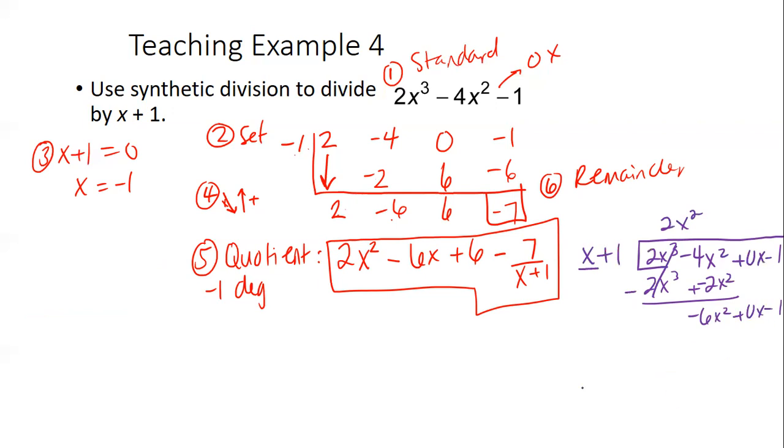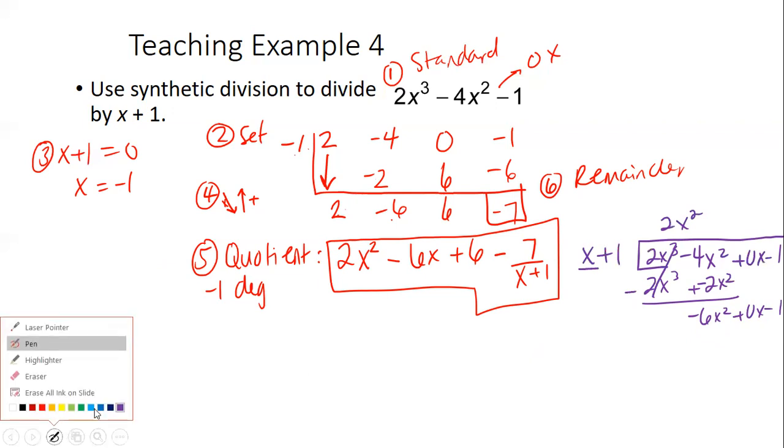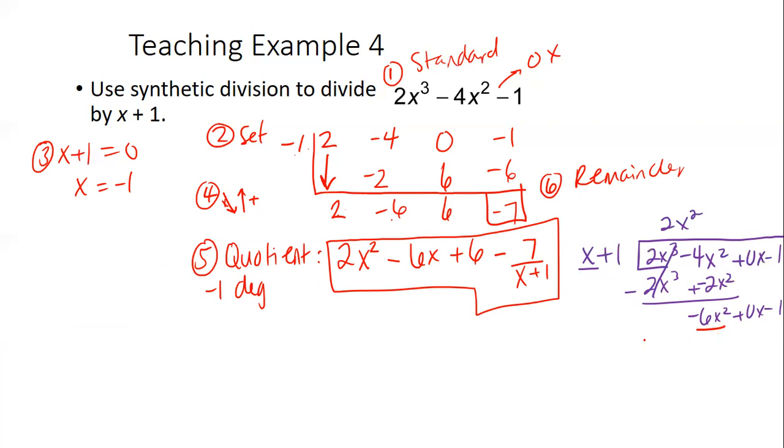And then I repeat the steps again. I divide. -6x squared by x gives me negative 6x. Then I multiply. Negative 6x times x is negative 6x squared. Negative 6x times 1 is negative 6x. I subtract, which means I'm changing the signs, and I'm left with 6x minus 1.